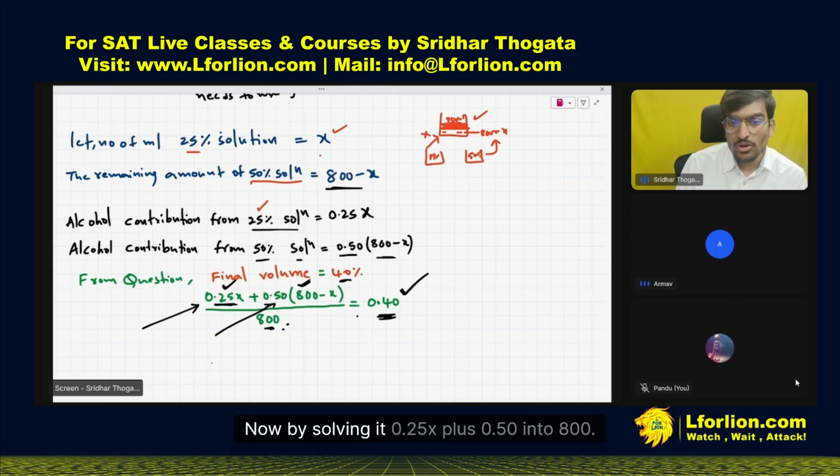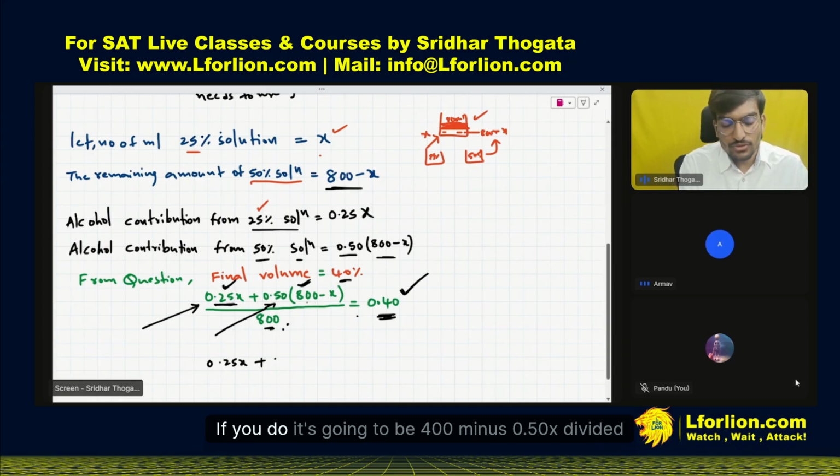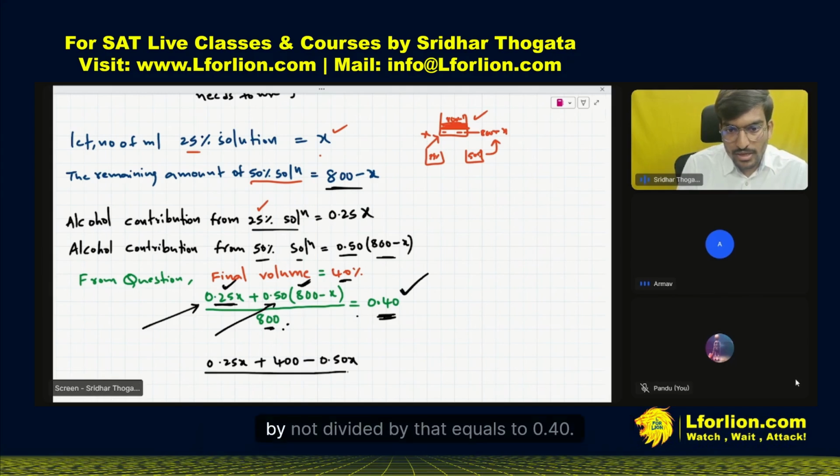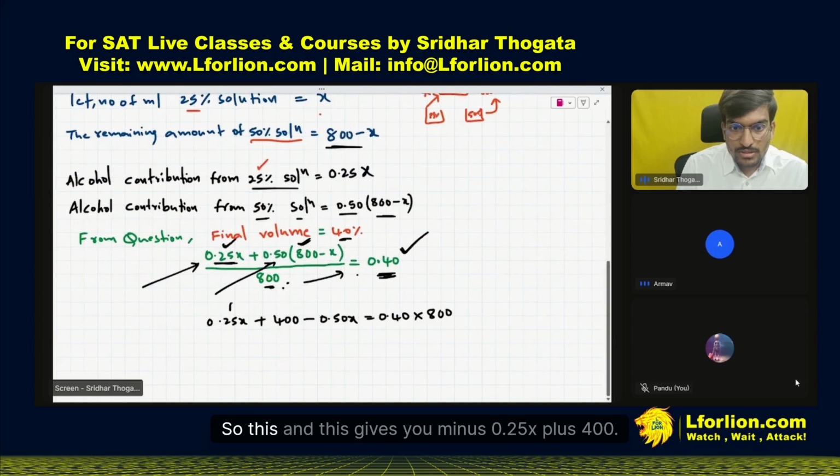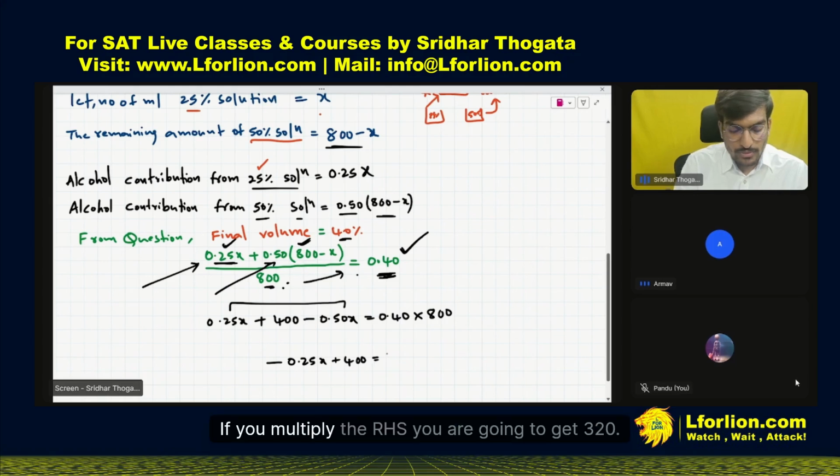Now by solving it, 0.25x plus 0.50 into 800, which is 400, minus 0.50x, equals 0.40 multiplied by 800. So this and this gives you minus 0.25x plus 400. If you multiply the RHS, you are going to get 320.